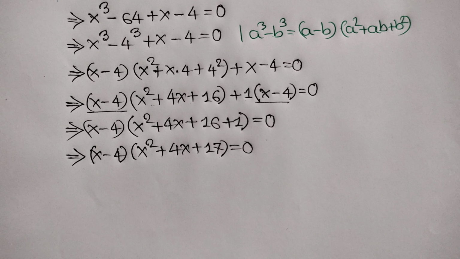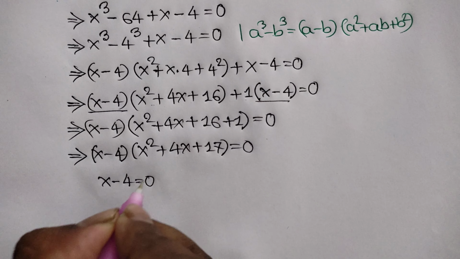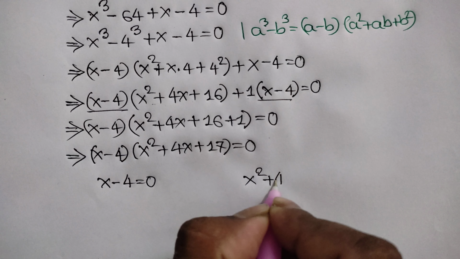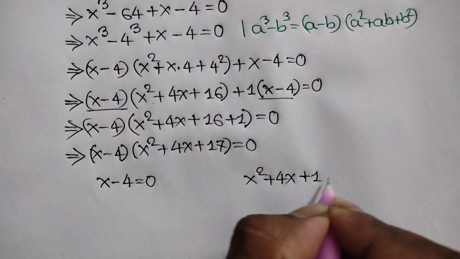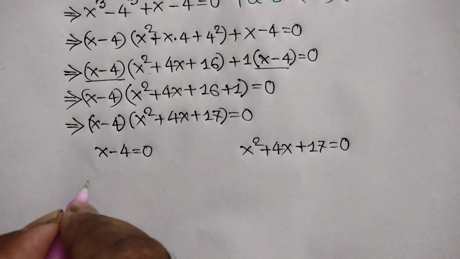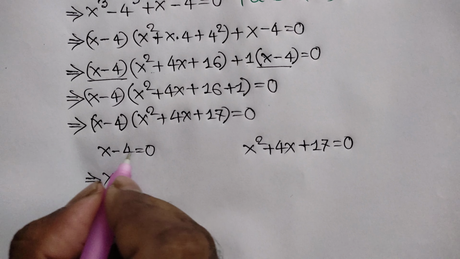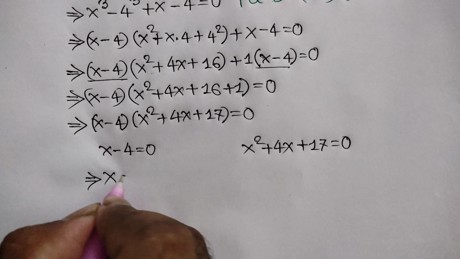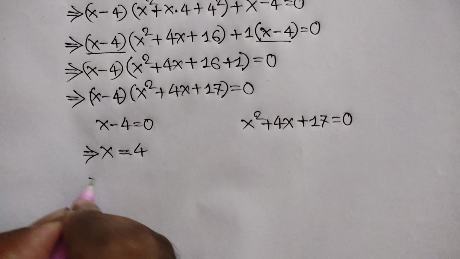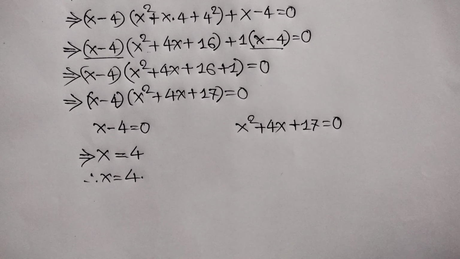Now from here we have two solutions: x minus 4 is equal to 0, or x square plus 4x plus 17 is equal to 0. Taking negative 4 to the right side we get 4, so the first value of x is equal to 4, and it is a real solution.